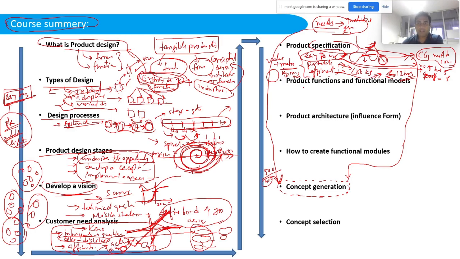So what we do next is identify constraints and functions. We have a list of specifications. Some of the specifications can be considered as constraints, and some of them are functions. For example, if I say the weight of the bike should not go more than 180 kg, that is a constraint.